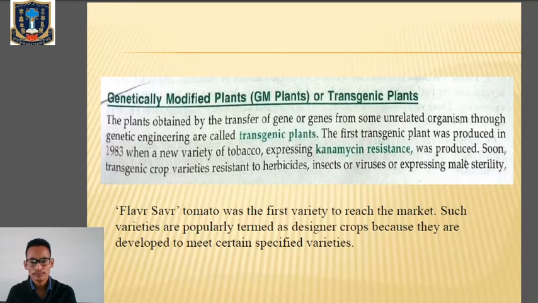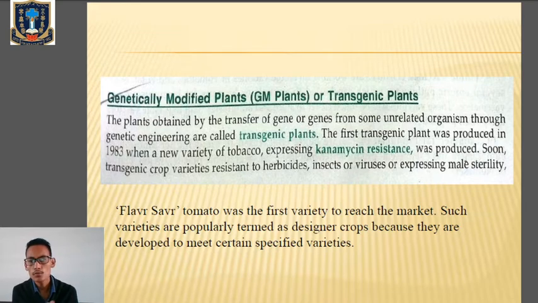Okay, now what do we mean by genetically modified plants, GM plants, or transgenic plants? Look at the definition. The plant obtained by the transfer of a gene or genes from some related organisms through genetic engineering is called a transgenic plant. Or we can say that transgenic plants are those plants whose genes have been altered or modified. So in those plants we are transferring a gene or genes from related species, and in that case those plants will be modified and their genetic composition will be altered.